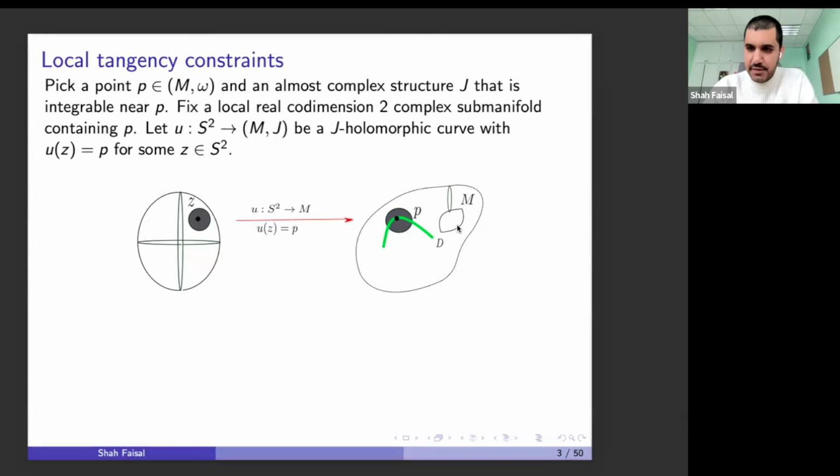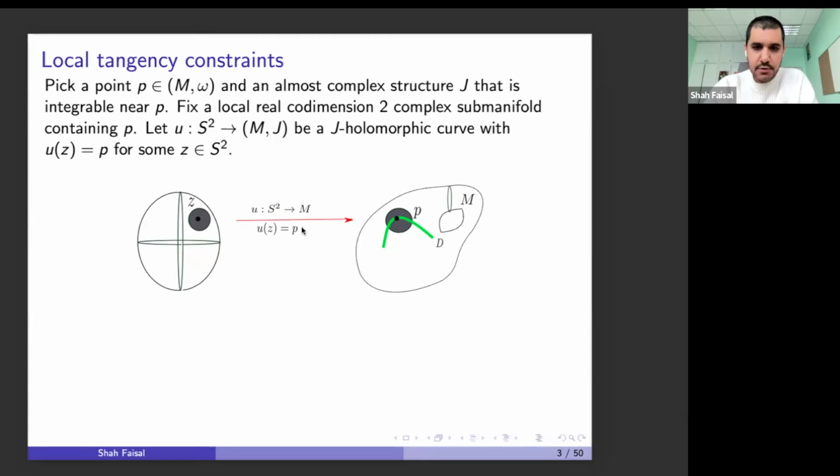You take a symplectic manifold M and pick a point P, and I choose a compatible almost complex structure that is integrable near the point P. And then I choose a real codimension 2 complex submanifold D that contains the point P. This D, I just choose a germ of such a submanifold, so it's something defined in a neighborhood of P.